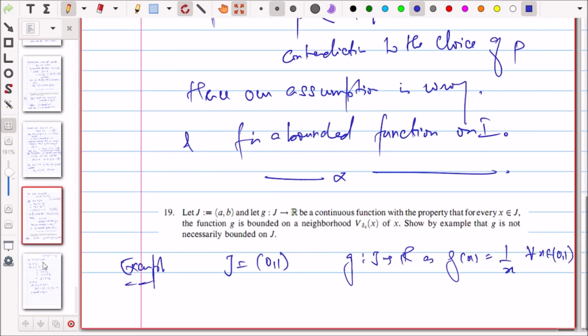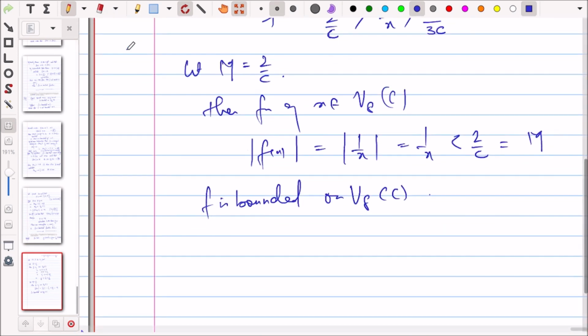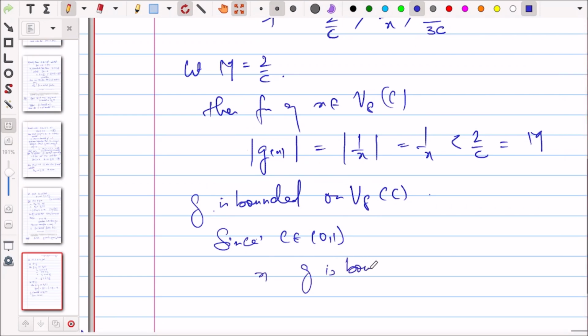Sorry, the function g. So this has to be g. So g is bounded at every point C belonging to (0,1). Since C belongs to (0,1), this implies g is bounded on V_delta(x) for every x belonging to (0,1).